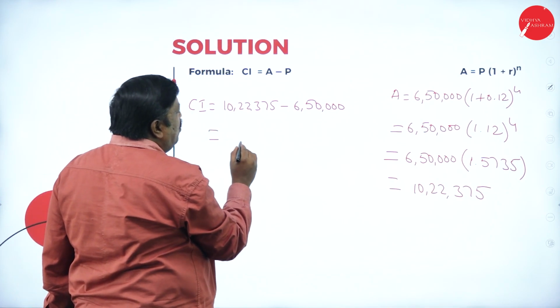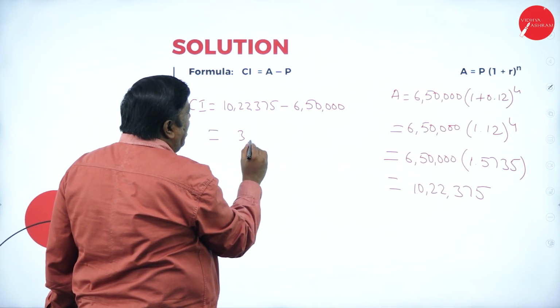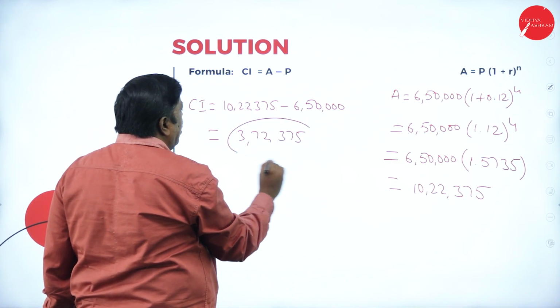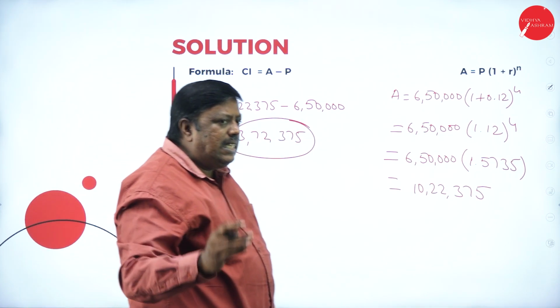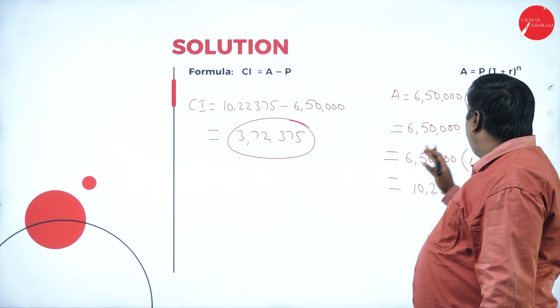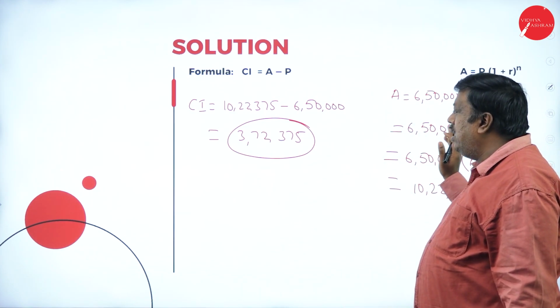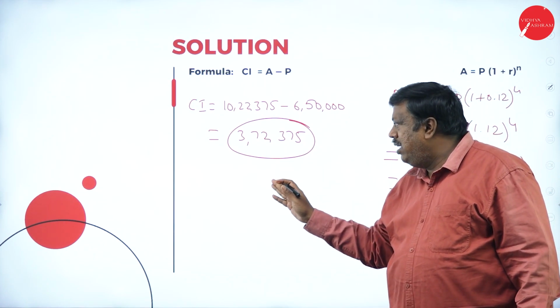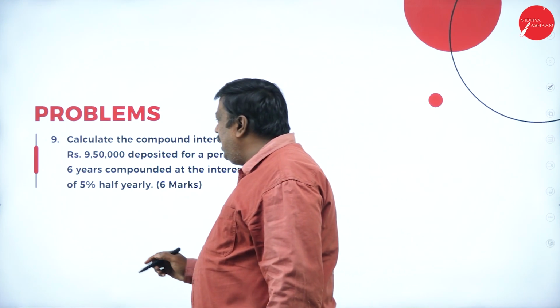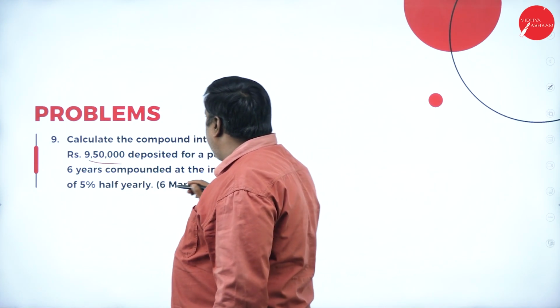So the amount will be 3,72,375. My compound interest for 6,50,000 at the rate of 12% for a period of 4 years, what we are going to earn is 3,72,375.